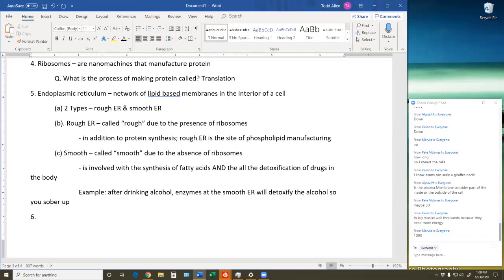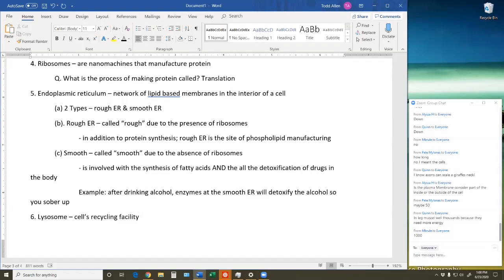Next part of a cell is the lysosome. The lysosome is the cell's recycling facility. I'm sure you live in a town or municipality where probably once a week you put out recycling materials, glass, plastic, cardboard, that gets taken away to a recycling facility to be broken down and reused to make new products.